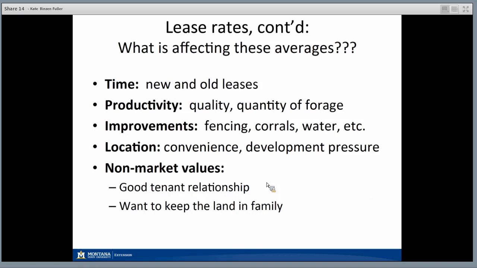So there's some evidence that really long-term leases with someone that you have a really nice relationship with and who takes good care of the land, some of those lease rates are going to be a little lower, because you're willing to accept a little bit of a lower lease rate in return for some of the value you're getting from that person taking care of the land and letting you know what's going on. There's also people that want to keep the land in the family, so maybe they cut their son or daughter a little bit of a break on the price.